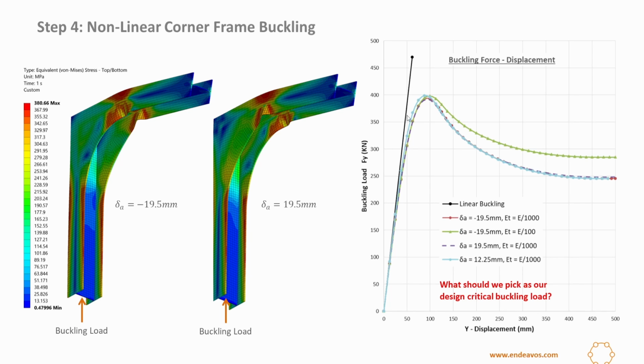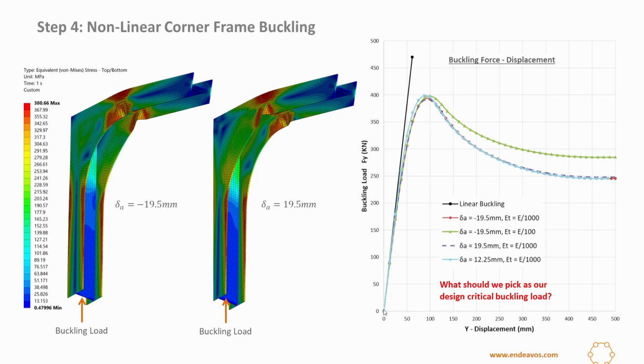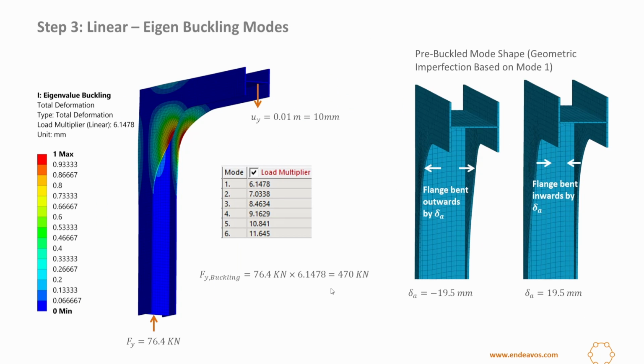To generate this linear straight line curve, I'm taking my 10 millimeter deflection and multiplying this by 6.14. So this is about 60 millimeters. This number goes here. On the x-axis we have 60 millimeters, and on the y-axis I have a buckling force of 470 kilonewtons.